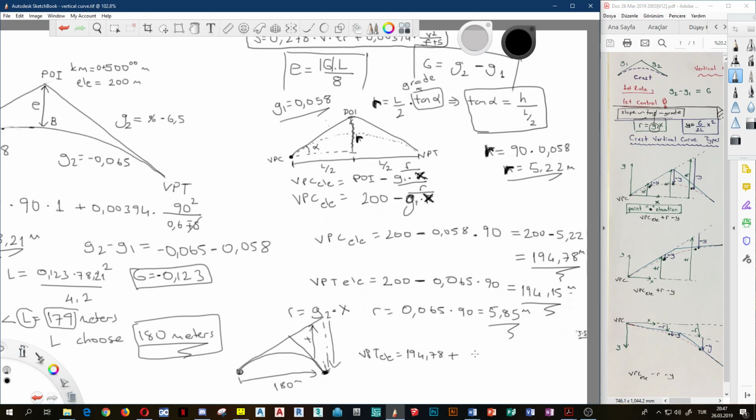What is the R value? R is equal to G1. What is the G1? 0.058. This value G1 times 180, and minus y. What is the y?